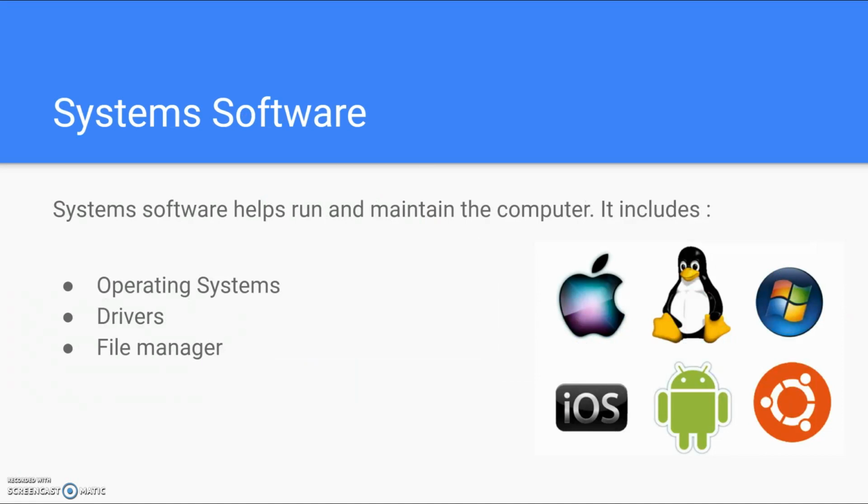System software. System software helps run and maintain the computer. It includes operating systems, drivers and file manager. Drivers are the things that, say you use a laptop at school and you need to print something out, but you haven't got any installations on your laptop.